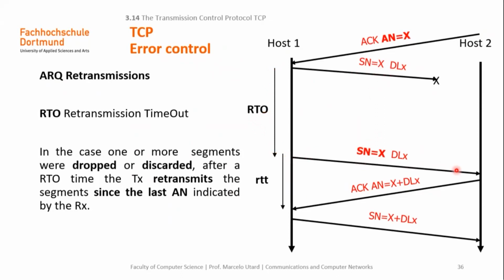And in fact, if this data arrives correctly to the receiver side of host 2, then the receiver will send an acknowledge, indicating that the acknowledge number is X plus the data length of this segment.